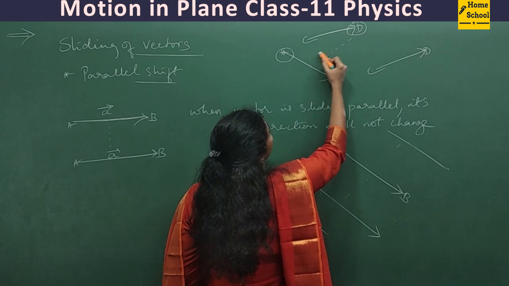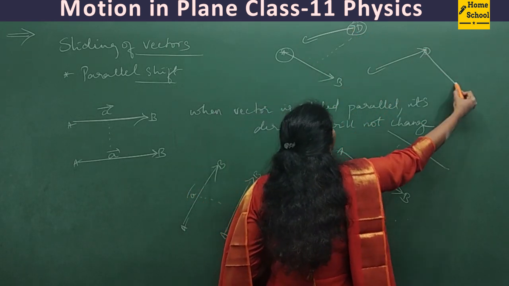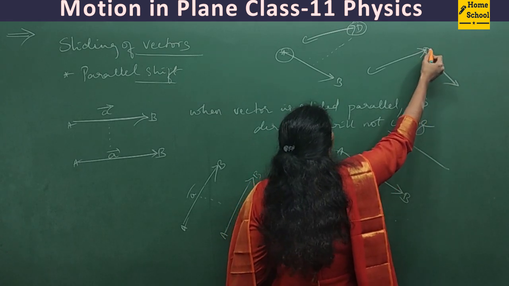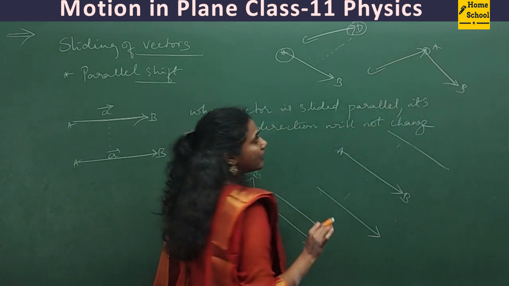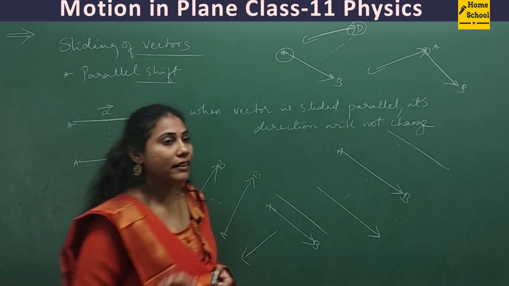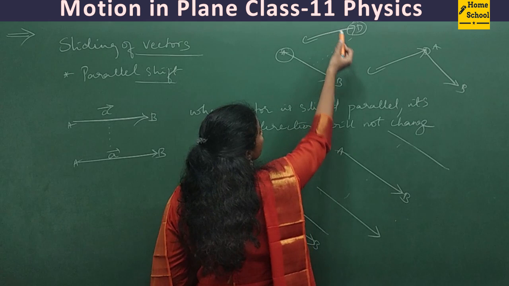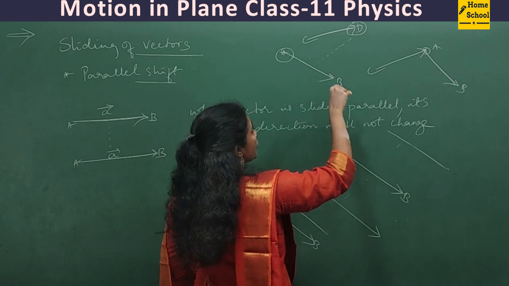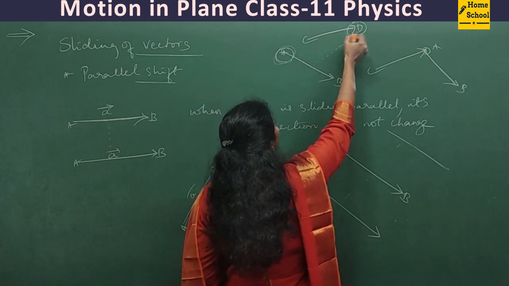The same vector, when I shift parallelly, becomes like this. So now this is AB vector. This is how I can add the vectors. For adding vectors, this parallel shift will help a lot. I need to add this vector with this vector, and the addition must take place in such a way that the tail of one vector is in touch with the head of another.